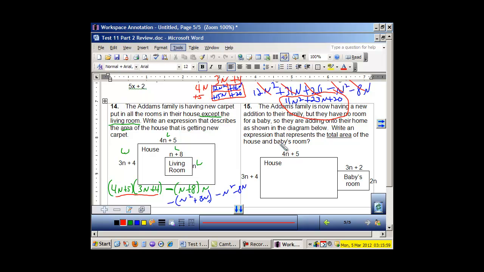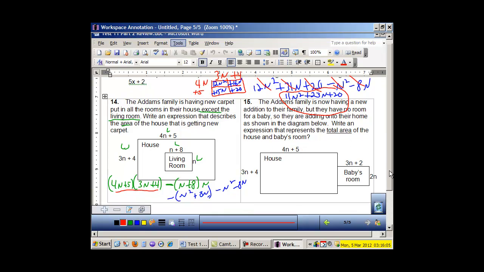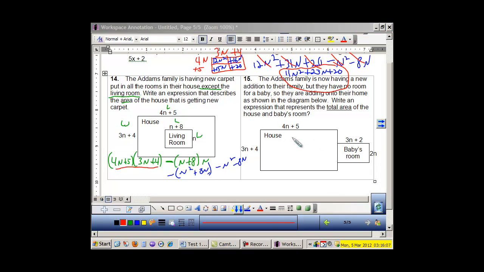Okay, number 15, the last one. Okay, adding a new room. So we're going to add this one. Total area represents the total area.